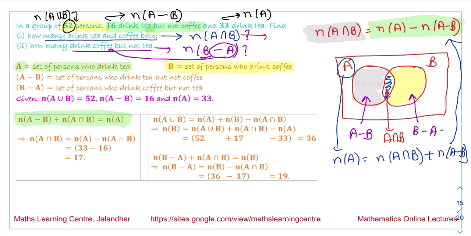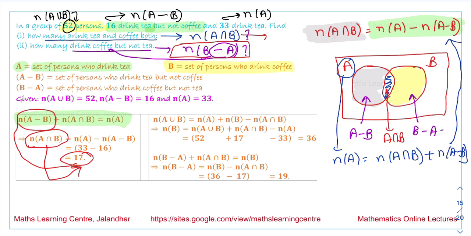When we substitute the values in this formula, the answer we obtain for number of elements of A intersection B is 70.